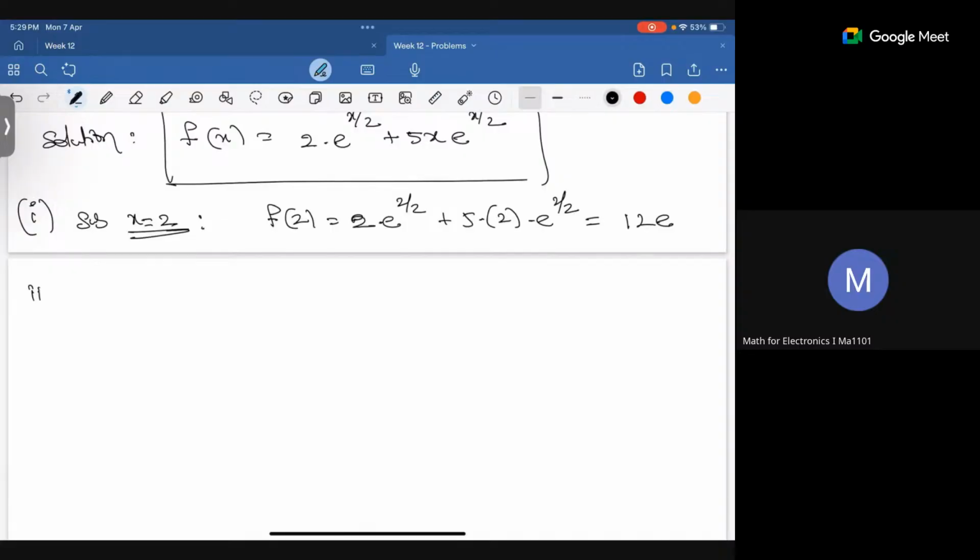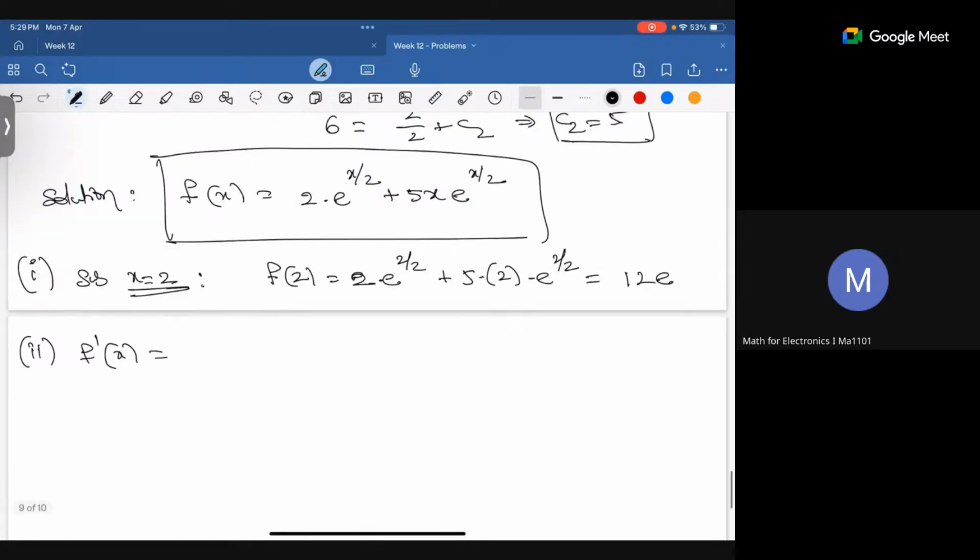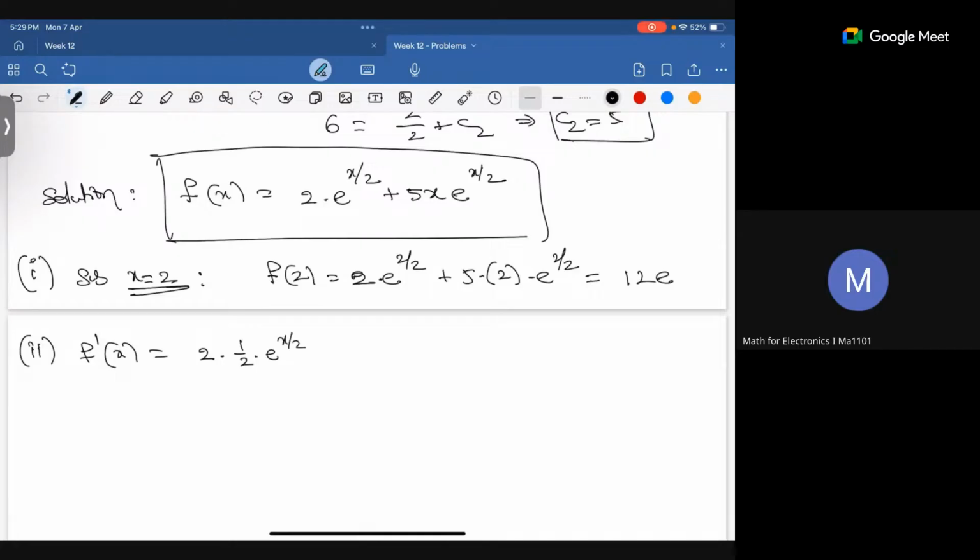For the second problem, what I have to do? I have to find f prime of x. Right. I know f of x is this. If I find f prime of x, it will be 2 into half e power x by 2 plus 5 whole into the derivative of x into e power x by 2, which will be x half e power x by 2 plus 1 e power x by 2.